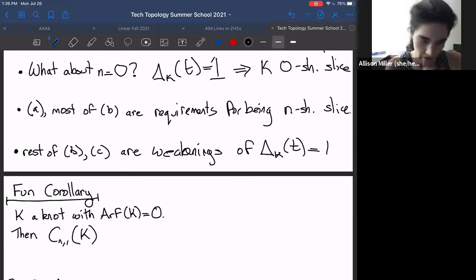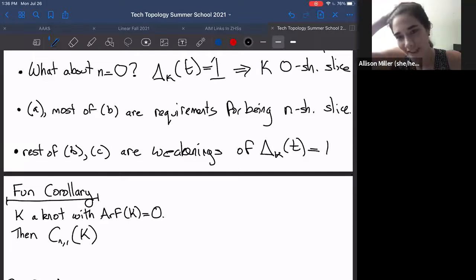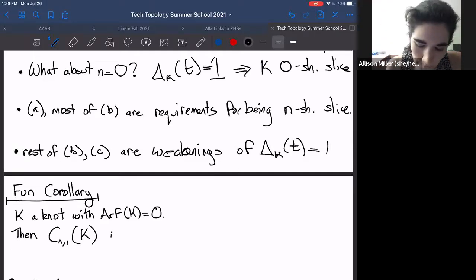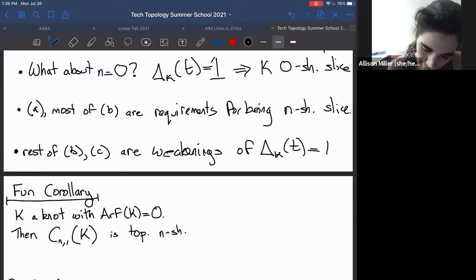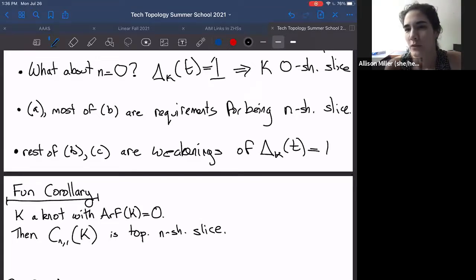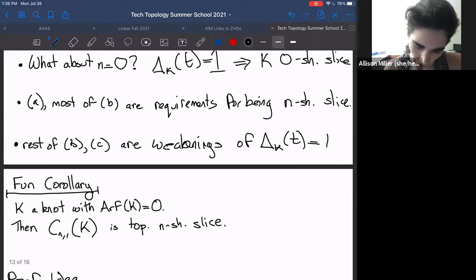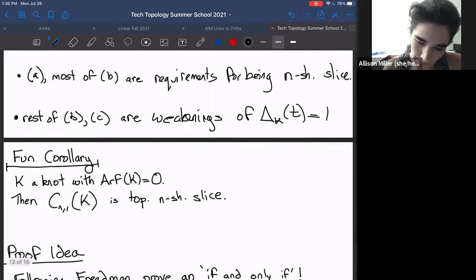Again, this possibly always, but certainly often preserves non-sliceness. But it's topologically n-shake slice. And this is super not true in the smooth category, as you can use d-invariants, and I'm happy to say things about that at the end, but there are smooth things that tell you that there's no way that this is true there.